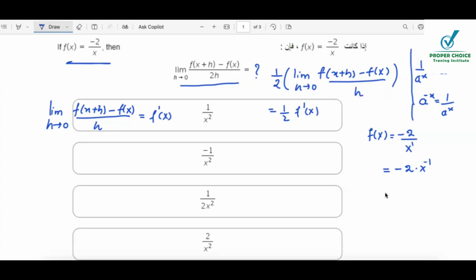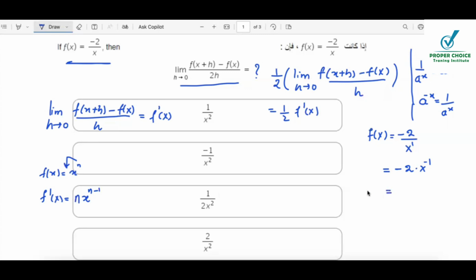Now let's find the derivative of this function. While finding derivatives, we have to apply the power rule. How does the power rule work? If f(x) equals x to the power n, then the first derivative of that function: whatever the power, bring it in front and reduce the power by 1. It turns out to be n times x to the power n minus 1.